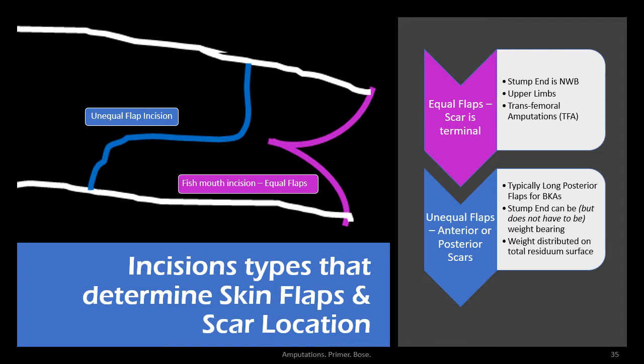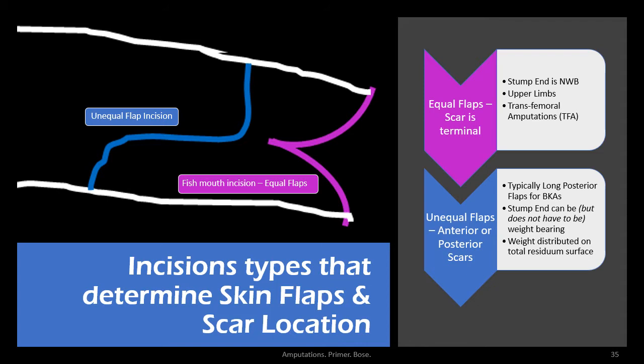The other type of surgical incision is one with unequal flaps. There is either a long anterior flap and a short posterior one, which would create a posterior scar, or vice versa, which would create an anterior scar. These scars will allow weight bearing with total contact sockets and can also be end weight bearing.